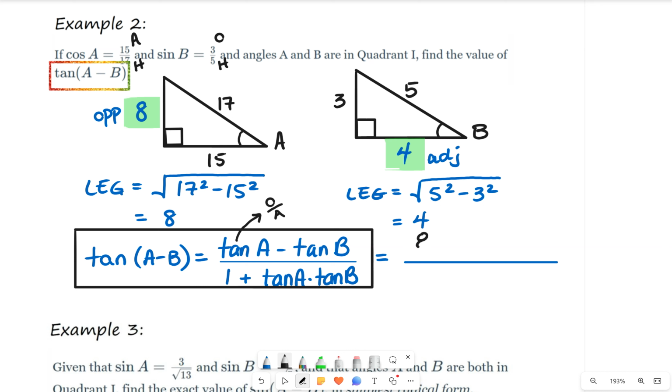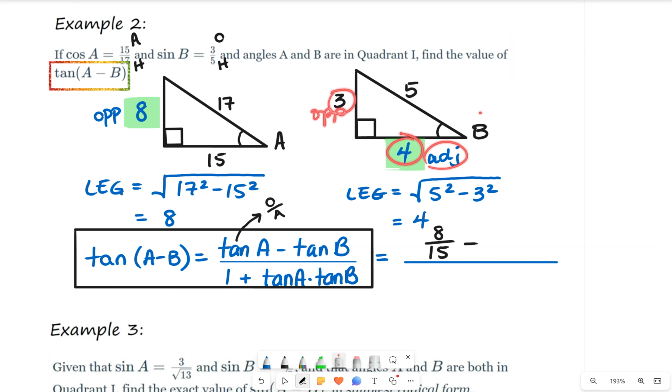So let's substitute 8 over 15 minus the tangent of B. Tangent of B says to stand here, opposite over adjacent. This is my opposite, this is my adjacent.